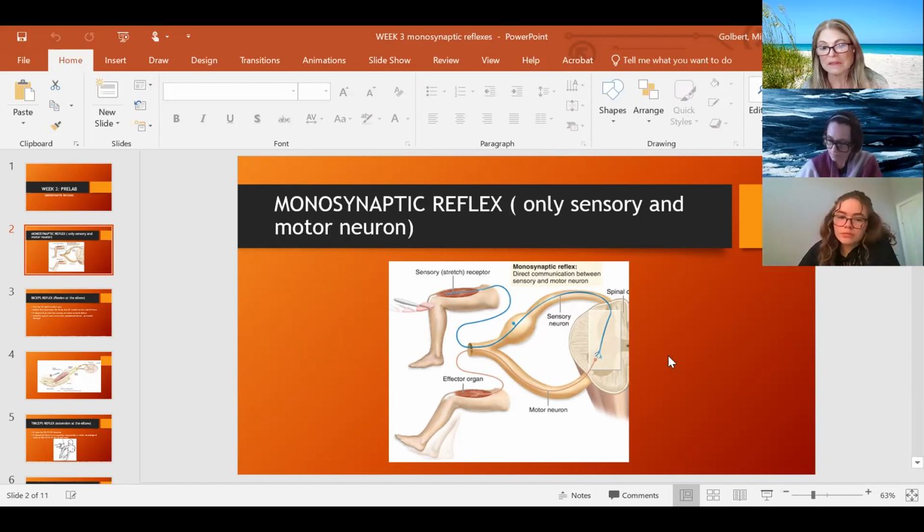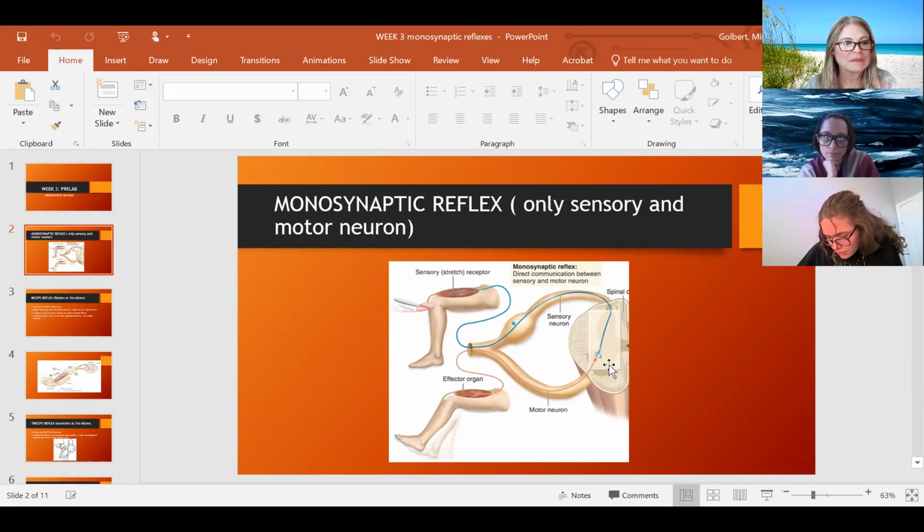And you can see there that the effector is the quad or quadriceps muscle, right? So monosynaptic means that the handling of that reflex is at the spinal cord level, and there's only one synapse, as you can see, between the sensory and the motor, and that's why this is a very fast reflex, right? Not a lot of what we call interneurons for this kind of reflex.